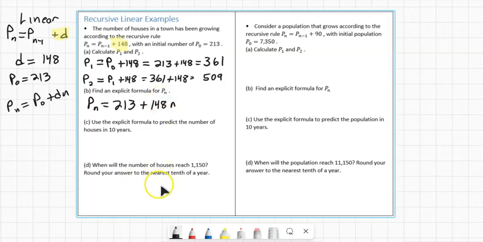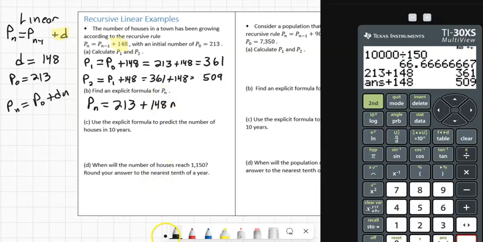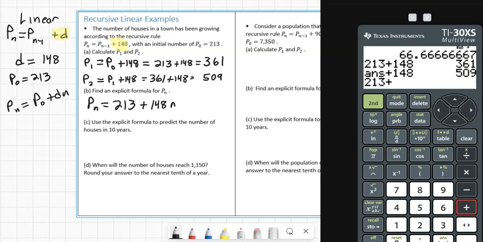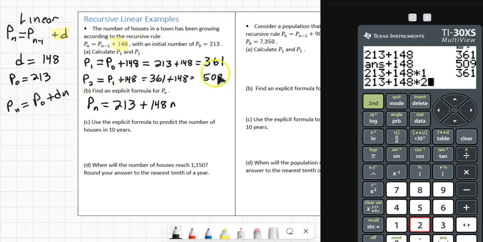And one thing we can do with this is check the work that we just did. If I plug in 1 into this formula, I get 213 plus 148 times 1. That checks our 361. And if I plug in 2 instead of 1, we should get 509 if we did it right. Perfect, 509. So you can use the explicit model to check your recursive work.